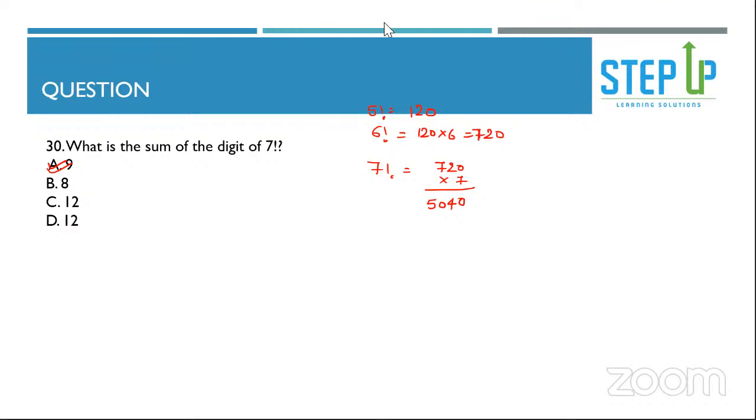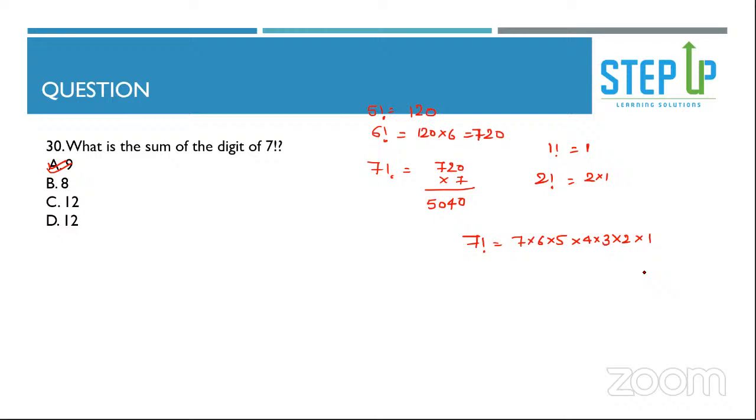So when you see this, 1 factorial is nothing but 1. 2 factorial is 2 into 1. You can do one more thing: 7 factorial is nothing but 7 into 6 into 5 into 4 into 3 into 2 into 1.